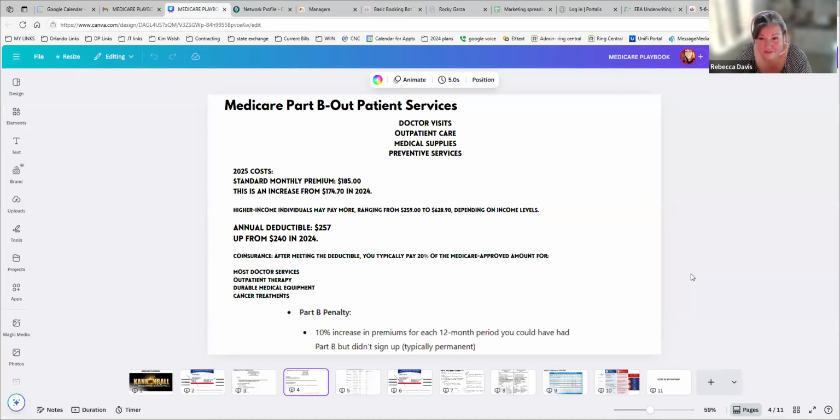VA benefits, for reference though, is not considered credible coverage for Part B. So if somebody is on VA and they were late getting their Part B, they are actually going to get hit with a penalty. But a group health plan will waive the penalty because they had credible coverage.